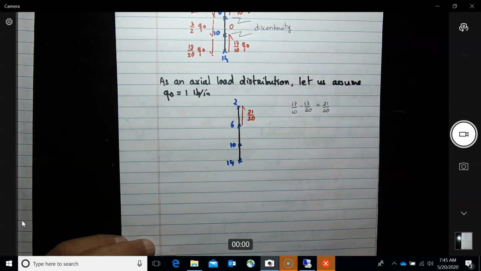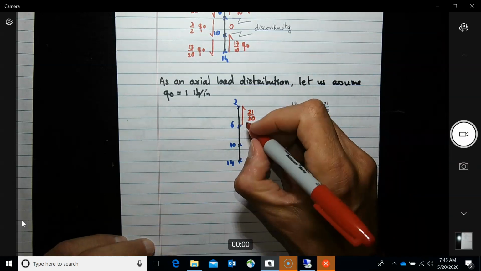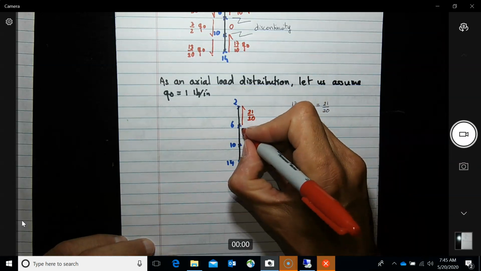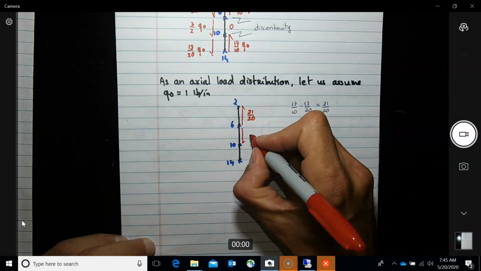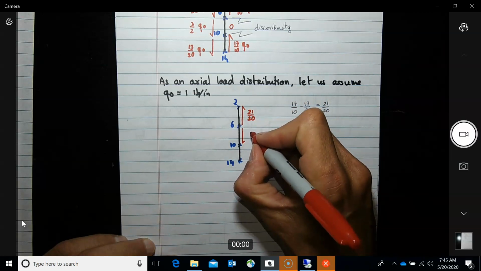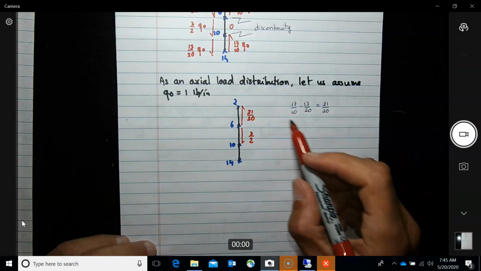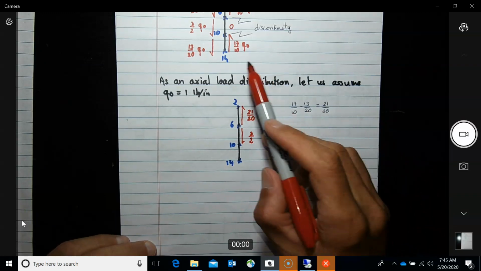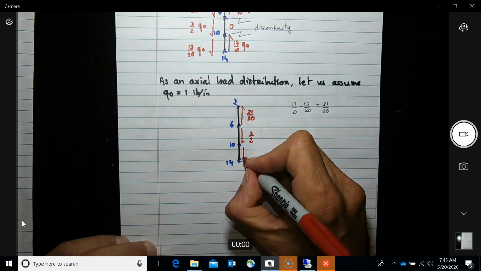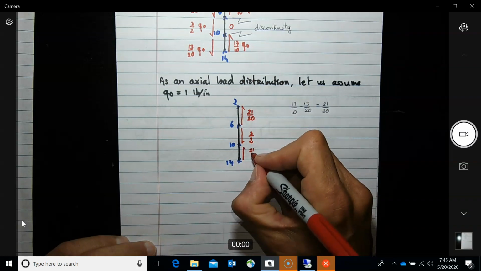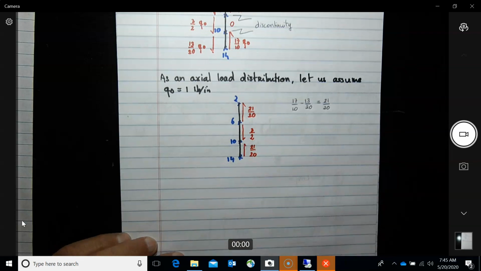This one would be going down to 3.5, and then this one would be basically the same thing, would be 21 over 20.